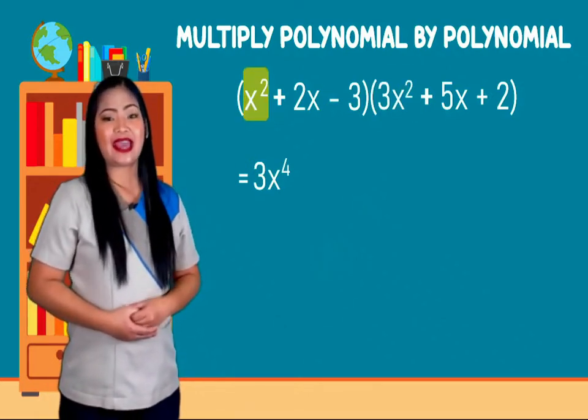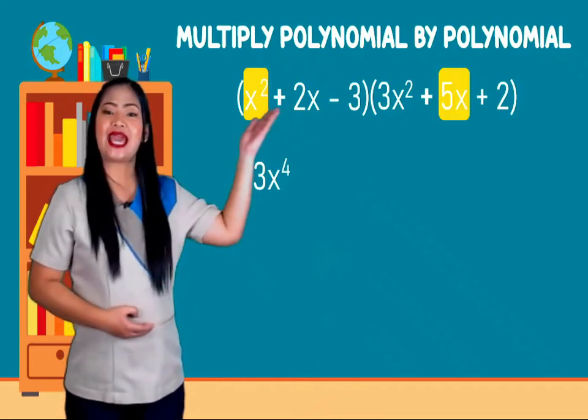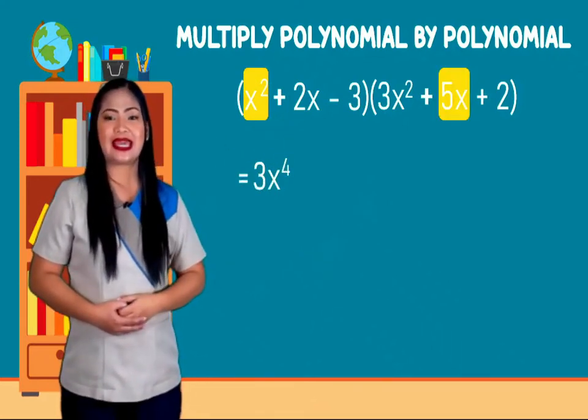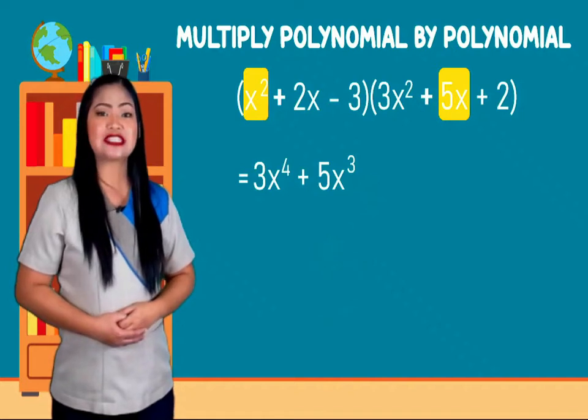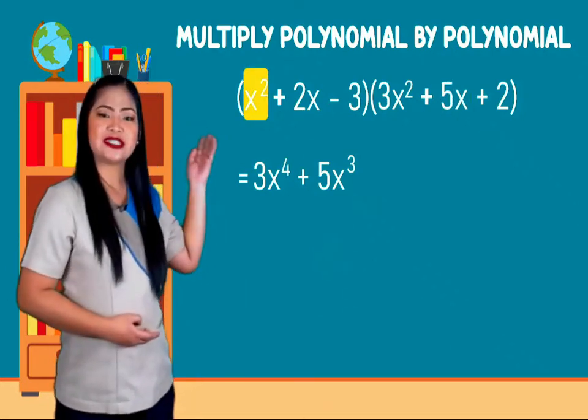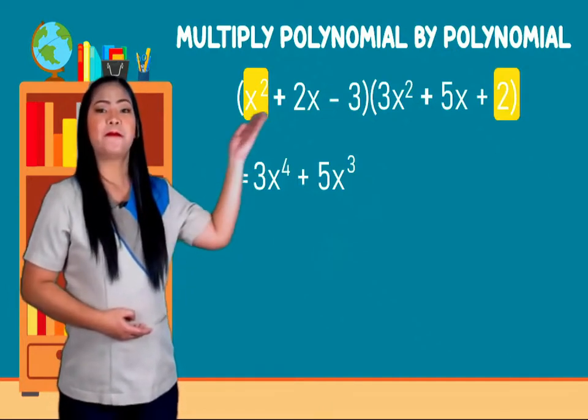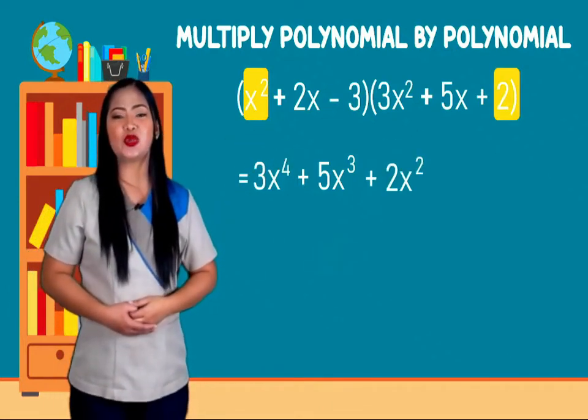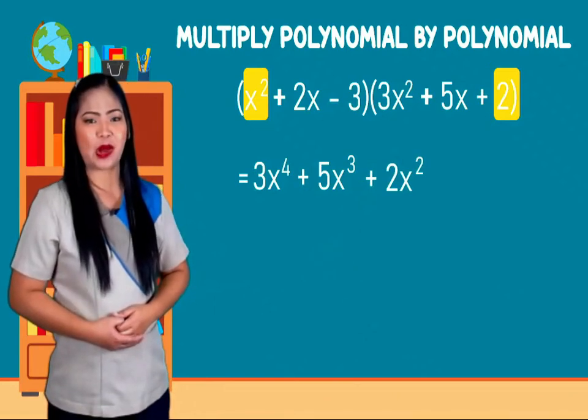Then, x raised to the second power times positive 5x is 5x raised to the third power. Next, x raised to the second power times positive 2 is 2x raised to the second power.